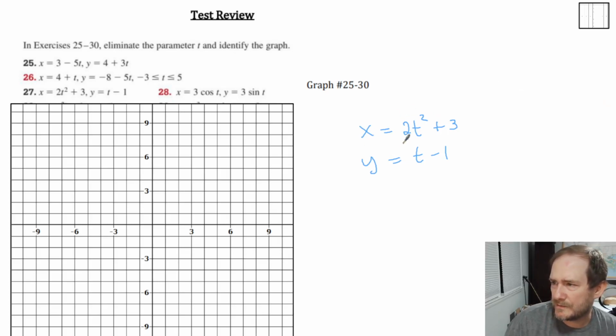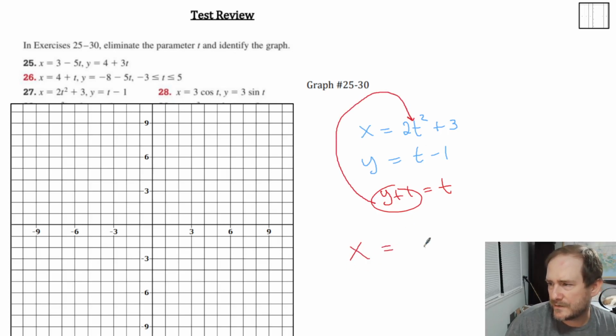For this one, I think it's best to put this into rectangular form and then sketch the graph from that. To do that, you add 1 to both sides and get y plus 1 equals t. Then plug that expression in for t, so you get x equals 2(y plus 1) squared plus 3.